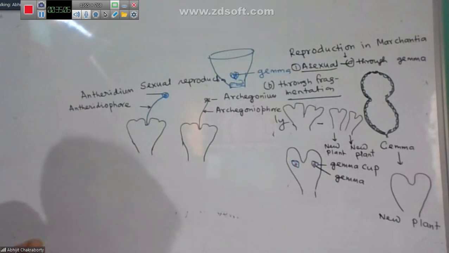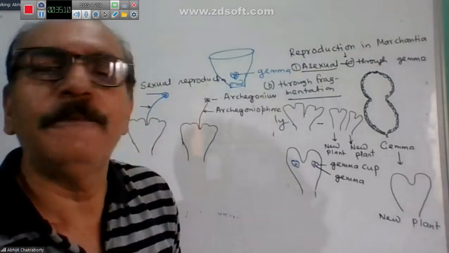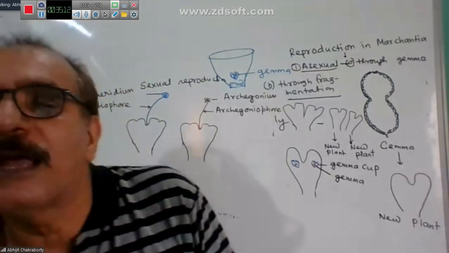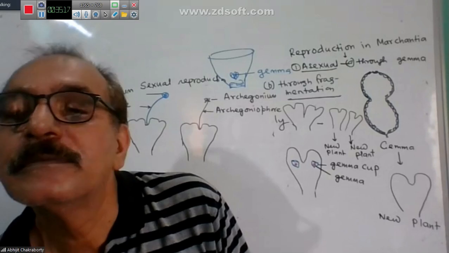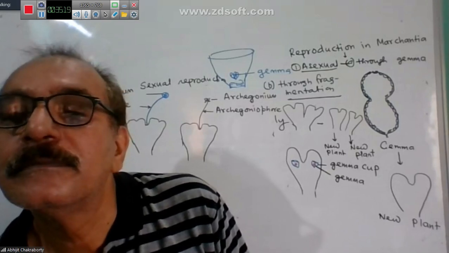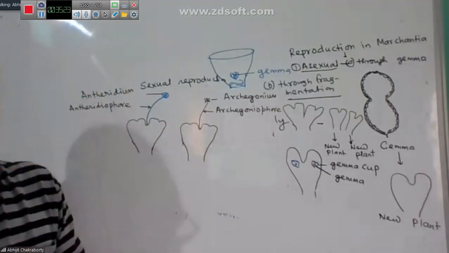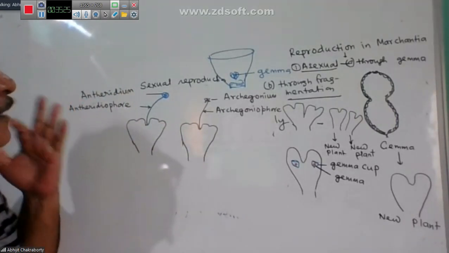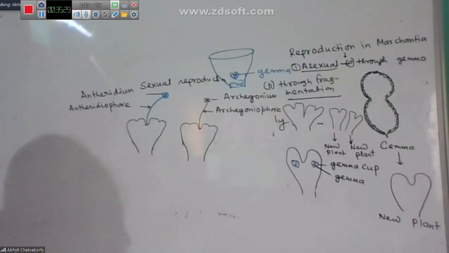So in Marchantia, male and female sex organs are developed in different bodies. Clear? Now what about the male sex organ? It appears like this.